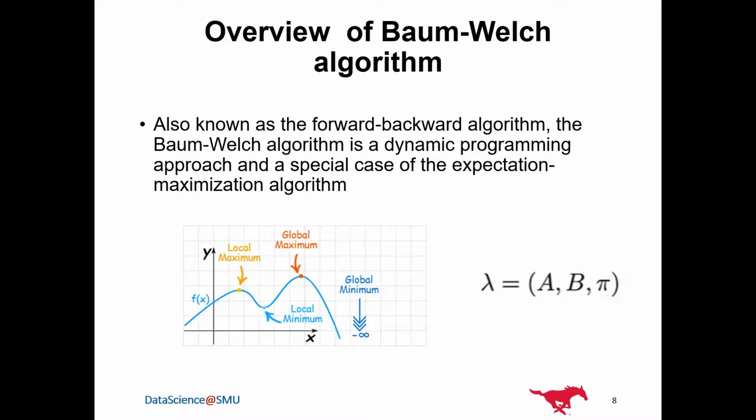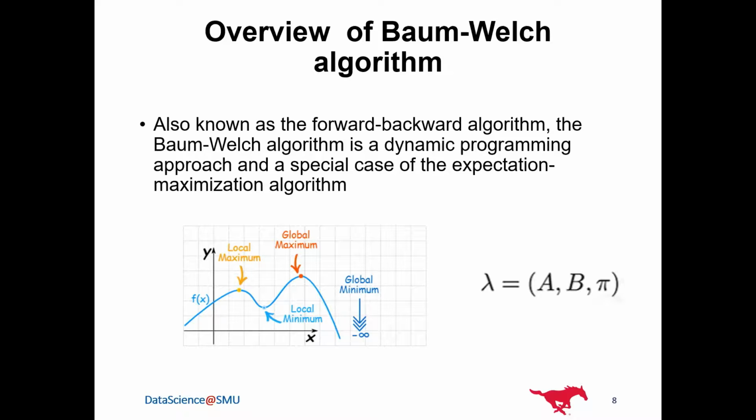Next, during my project, when I was looking at the hidden Markov models, when I brought it up in class, I was told to look into the Baum-Welch algorithm. Looking into the Baum-Welch algorithm, it is also known as the forward-backward algorithm.